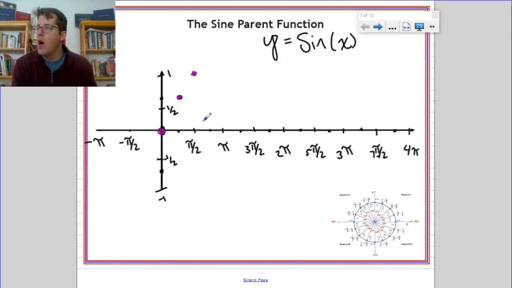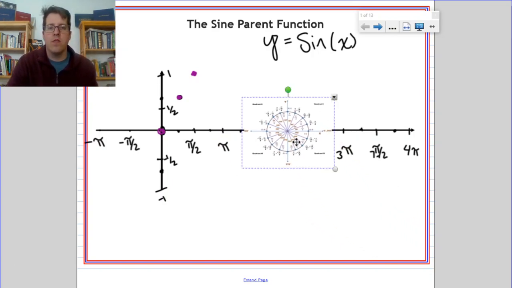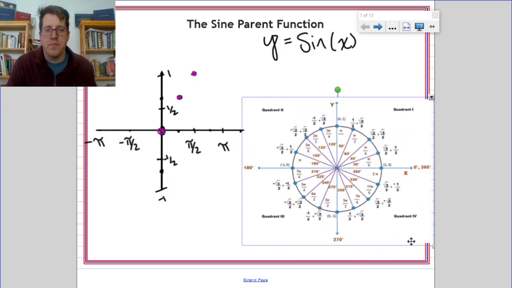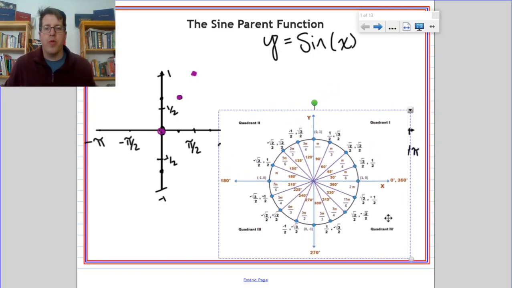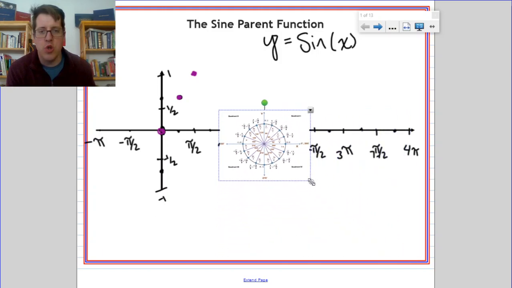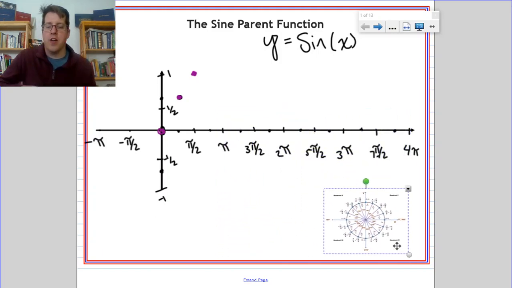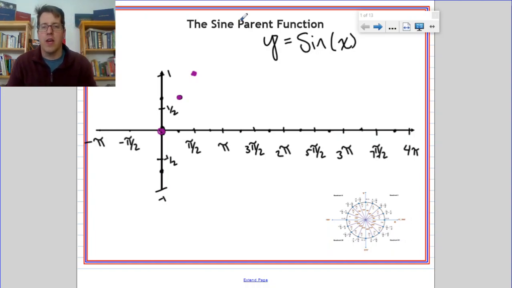Our next would be 3 pi over 4, which has the same reference angle as pi over 4. Since they're both above the x-axis, they're going to have the same y-coordinate. So we're going to have the same output there. It's going to be root 2 over 2. On a graph, that's going to look like this.